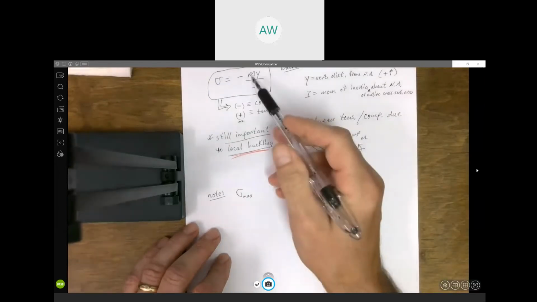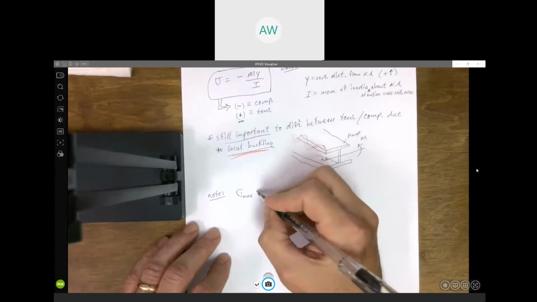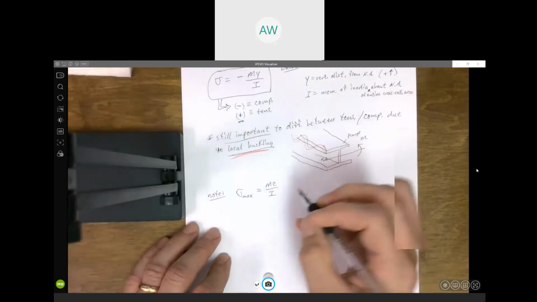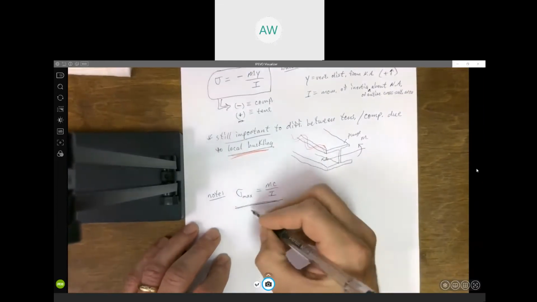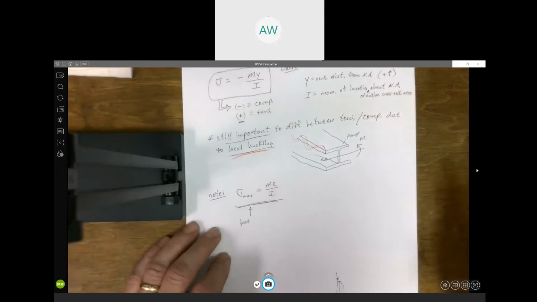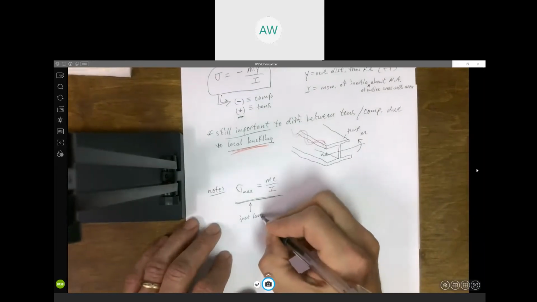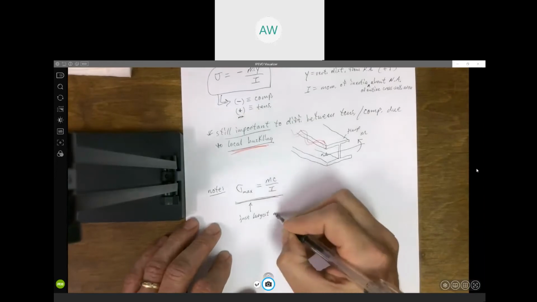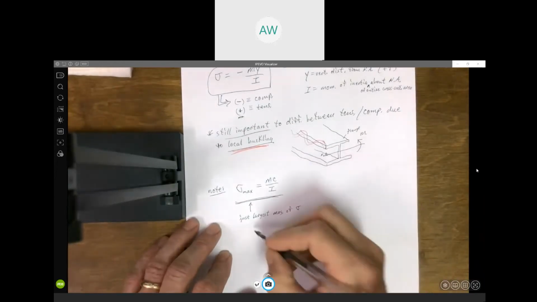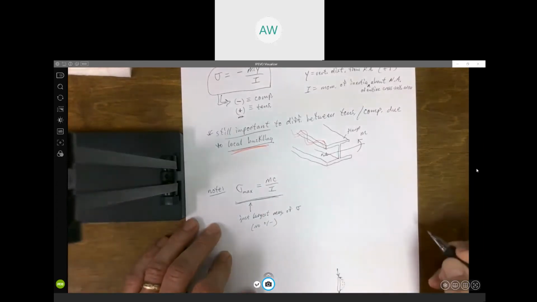Instead of sigma equals minus My over I, what you'll see is sigma max is equal to Mc over I. Now, this is just disregarding positive or negative for tension or compression. It's just the largest magnitude of sigma, right? We're not doing any plus or minuses here.